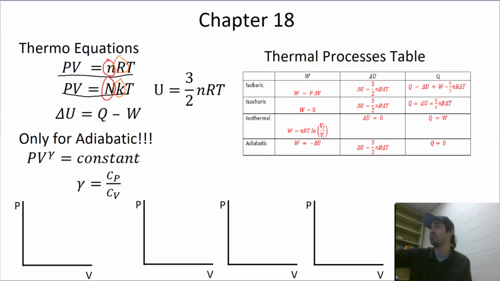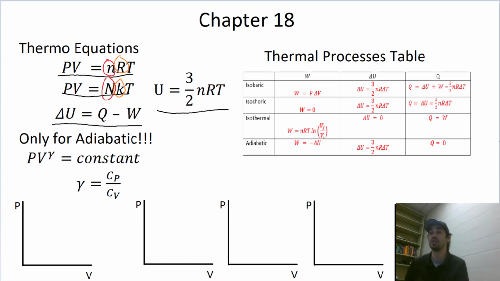Another really important equation is the equation for the internal energy of a gas. The internal energy of the gas is U equals 3/2 nRT. The last important equation in this little subsection is the first law of thermodynamics.